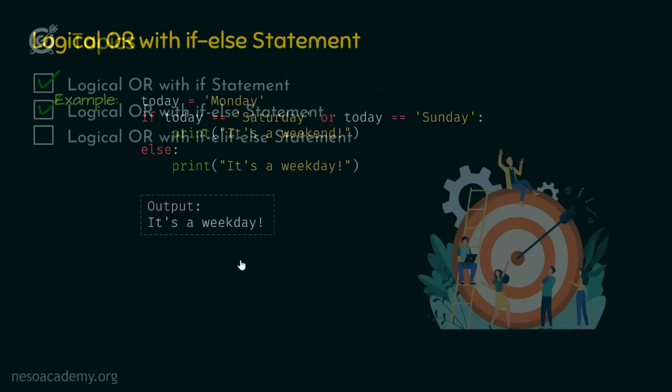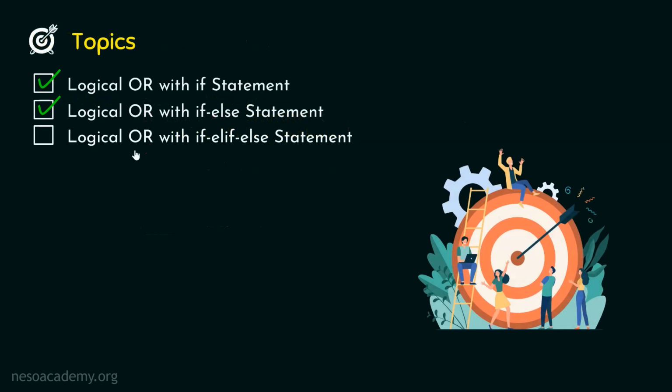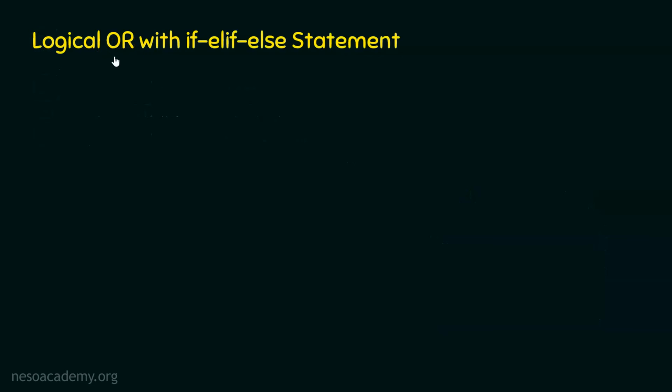So let's move on to the next topic, logical OR with if-elif-else statement. We can use logical OR with if-elif-else statement. For this, we will consider one example. Let's say that there is some ABC company, and usually in that company, Saturdays and Sundays are holidays for everyone, and Monday to Friday are work days.